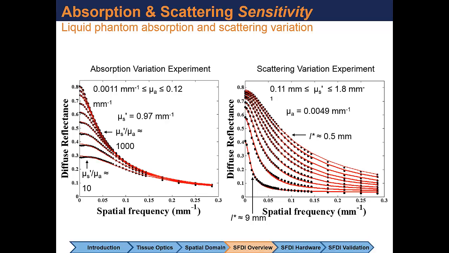Yeah, thanks for the question. I'll do my best. So why in the real domain do you get a crossover in contrast from short to long distances for scattering, whereas in the spatial frequency domain it's more broadband?